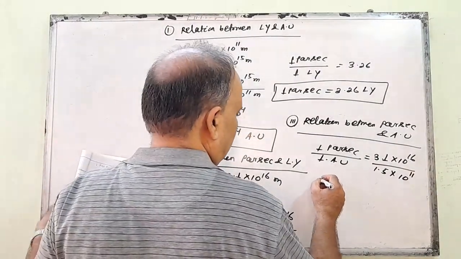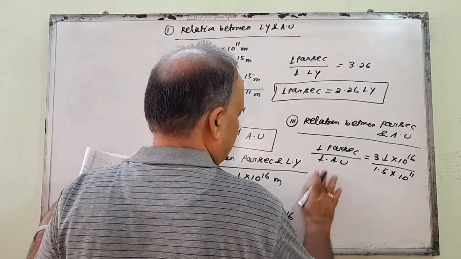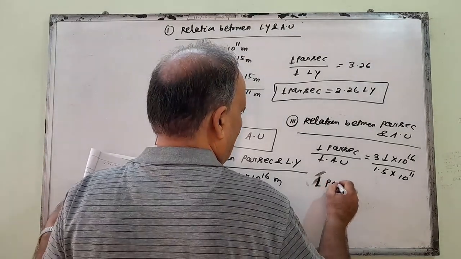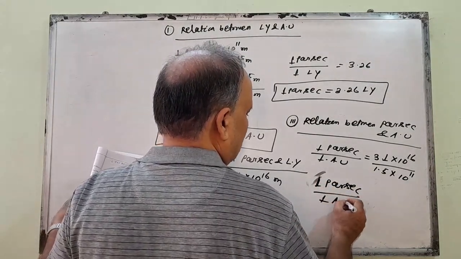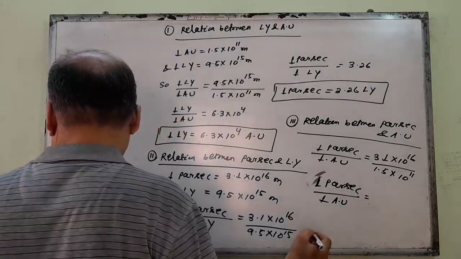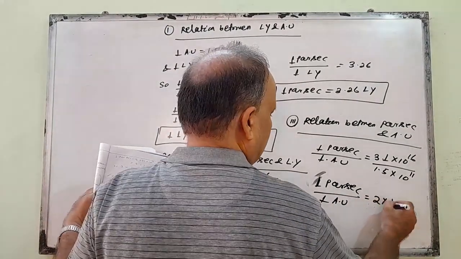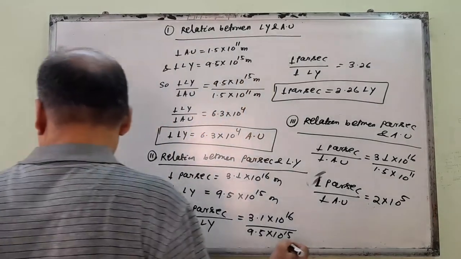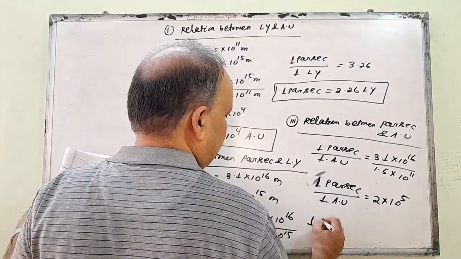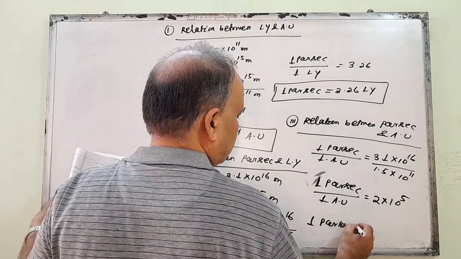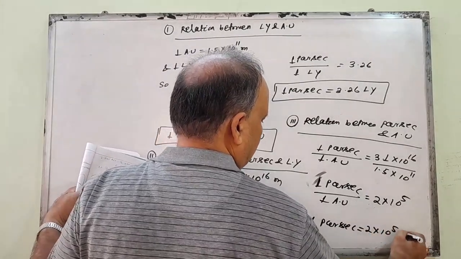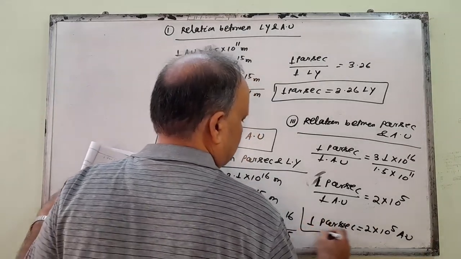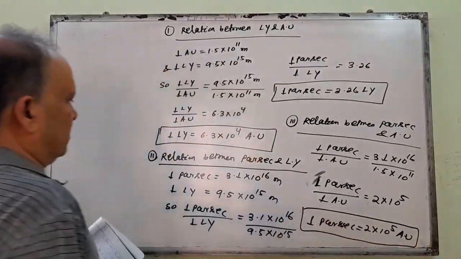So, 1 parsec by 1 astronomical unit is equal to 2 into 10 to the power 5, or 1 parsec is equal to 2 into 10 to the power 5 astronomical unit. These are the three relations.